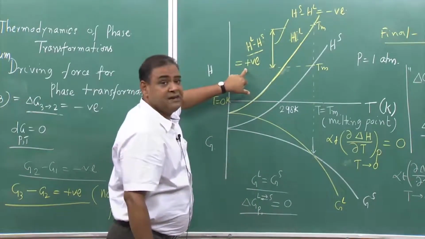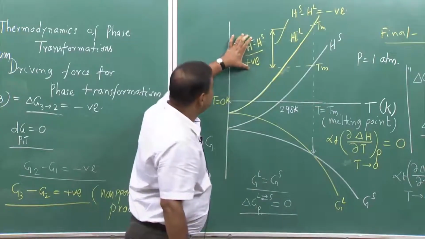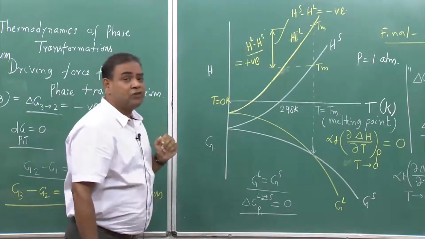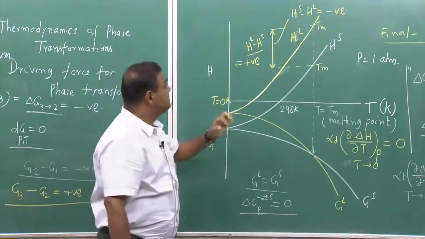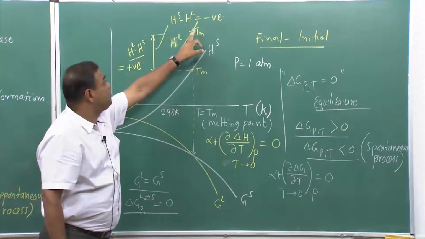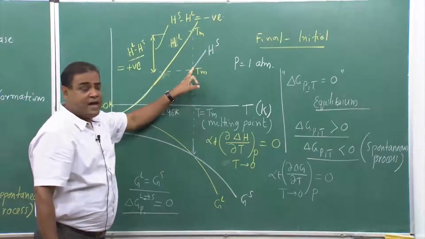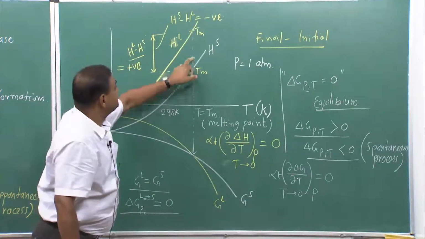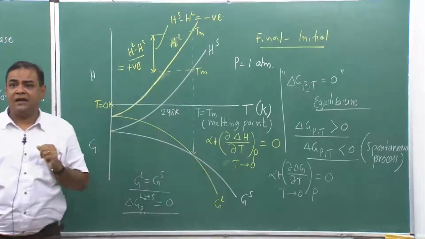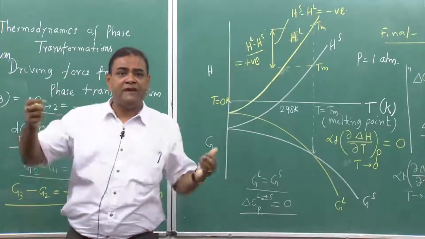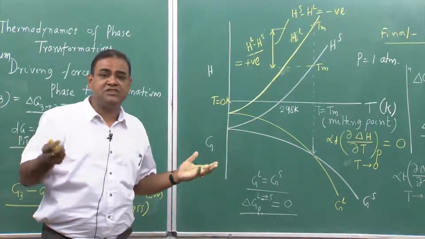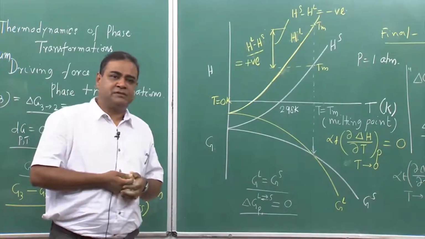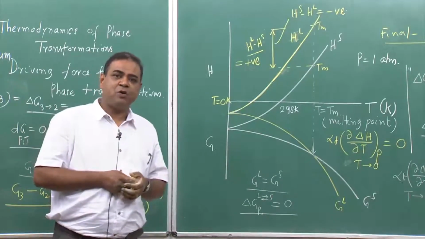And interestingly, I see that there is a huge change in enthalpy. If it is liquid to solid, the enthalpy reduces from this point to this point, and if solid to liquid, enthalpy increases from this point to this point, and at that time, even though there is a lot of enthalpy change, I do not see any change in temperature. And where is this possible?